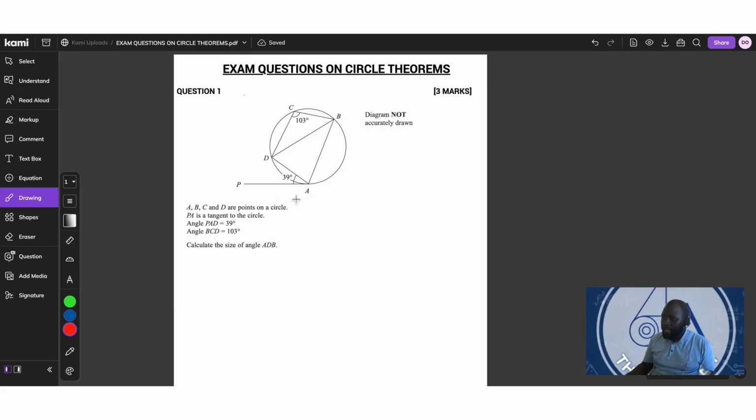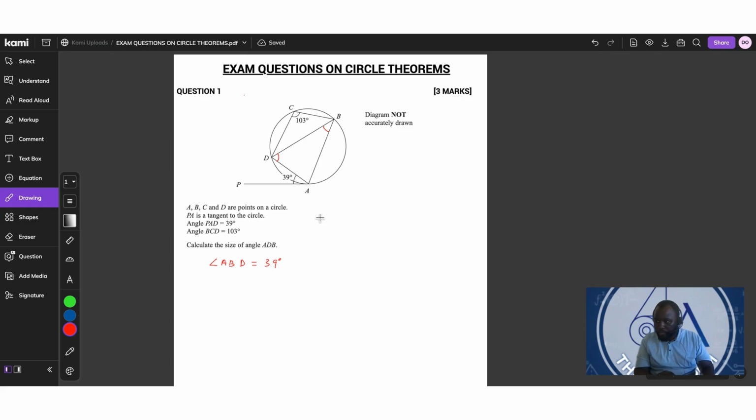So we want angle ADB, that is that angle there. Now, to get that angle, there is an angle we already know, that is angle ABD. Now, angle ABD is going to be equal to 39 degrees.